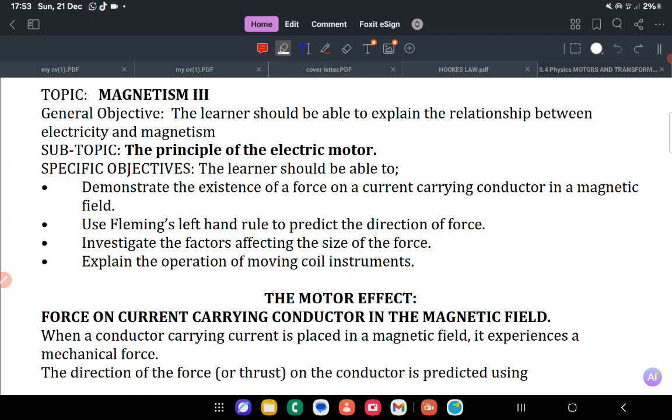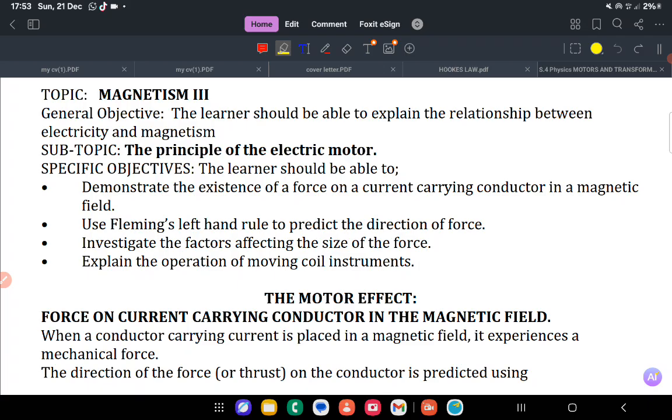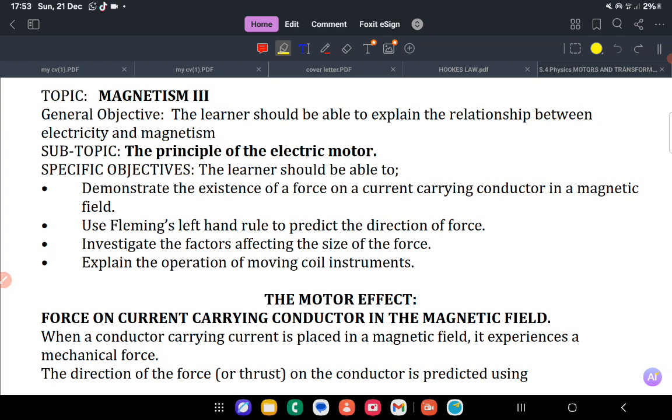Without wasting much of your precious time, I would like to dive into the lesson of the day. This is just an introductory lesson to the topic called magnetism.